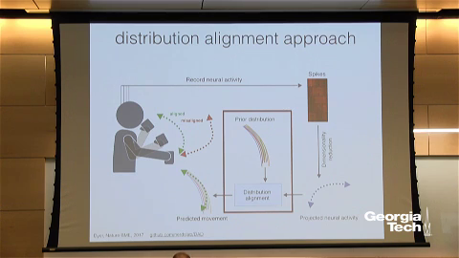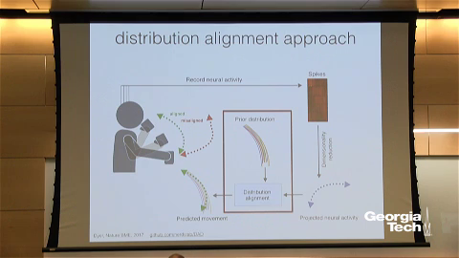So this distribution alignment approach basically proceeds as follows. I've already talked about this front end, which is recording neural activity, putting those neural activities into a spike matrix where we have neurons by time, and performing some sort of dimensionality reduction, which then leaves us with some projected neural activity.